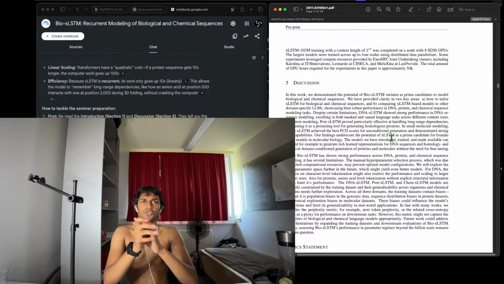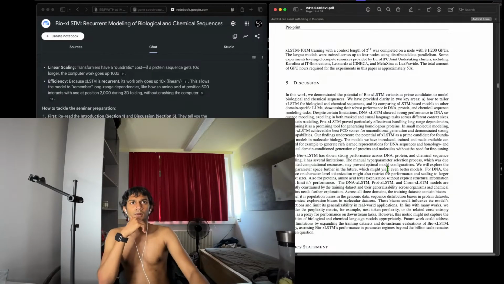Our findings underscore the potential of xLSTM as a prime candidate for foundational models in molecular biology. The models we have introduced, trained, and made available can be used, for example, to generate rich learned representations for DNA sequences and homology and chemical domain conditioned generation of proteins and molecules without the need for fine-tuning.